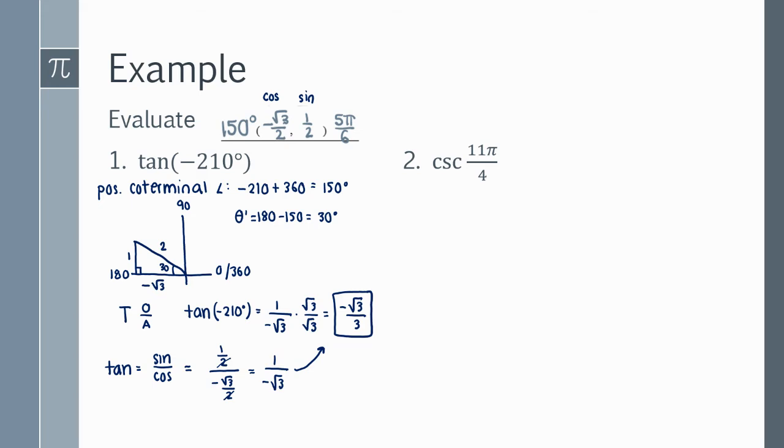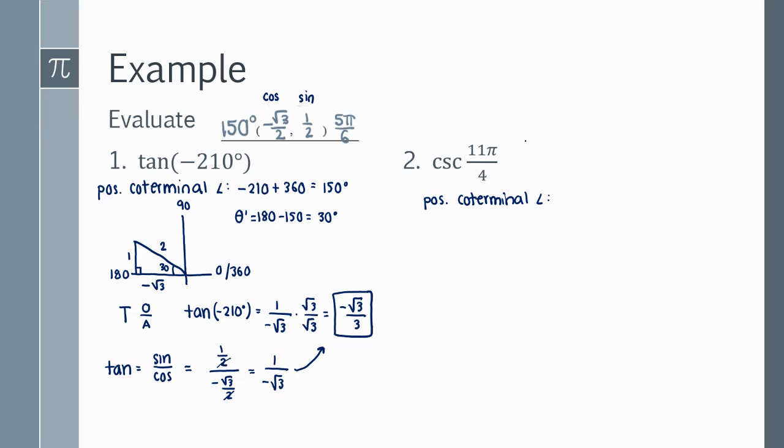All right, let's take a look at the next one. Cosecant of 11 pi over 4. Just like this first problem, 11 pi over 4 isn't going to be in your unit circle. And so let's think about the fact that we can find a positive coterminal angle that is much smaller that will be in the unit circle one time around.